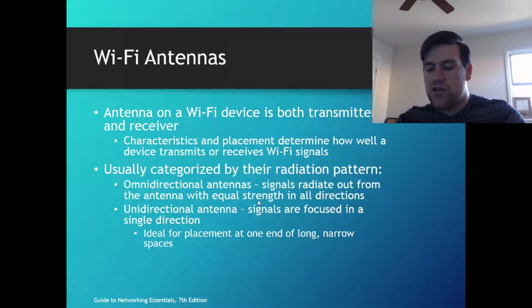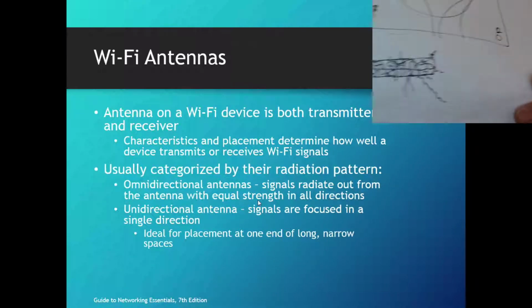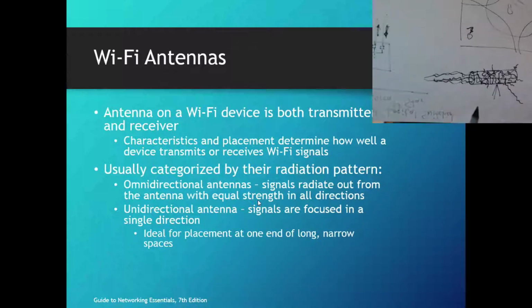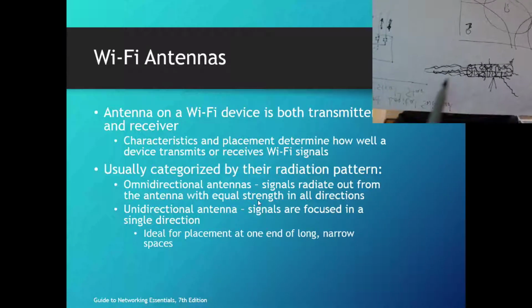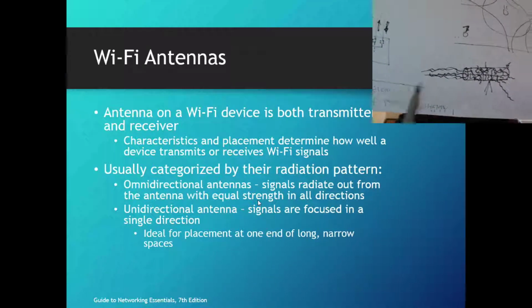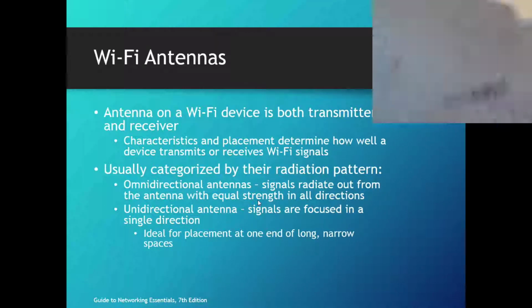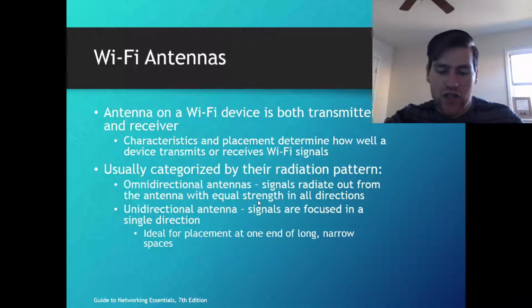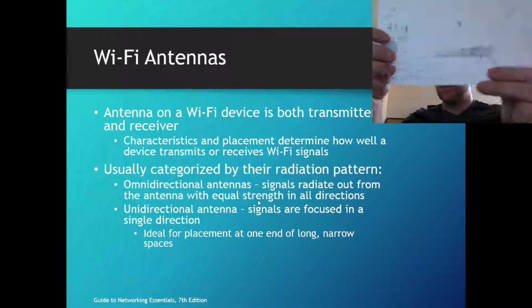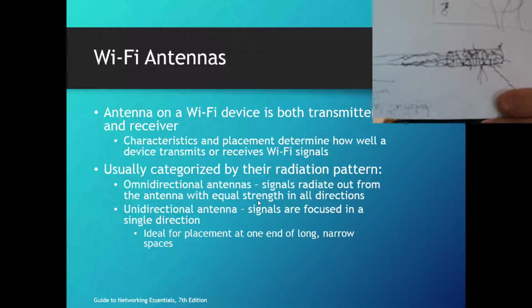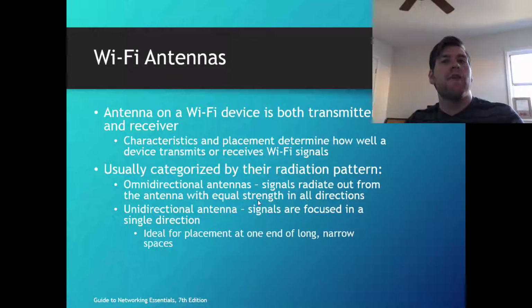You might have the occasional leak of signal, but it doesn't go far, right? But ultimately, the majority of the radio frequencies are going to be shot out in a single direction, much like a laser light focuses all of the light and shoots it out in one direction.